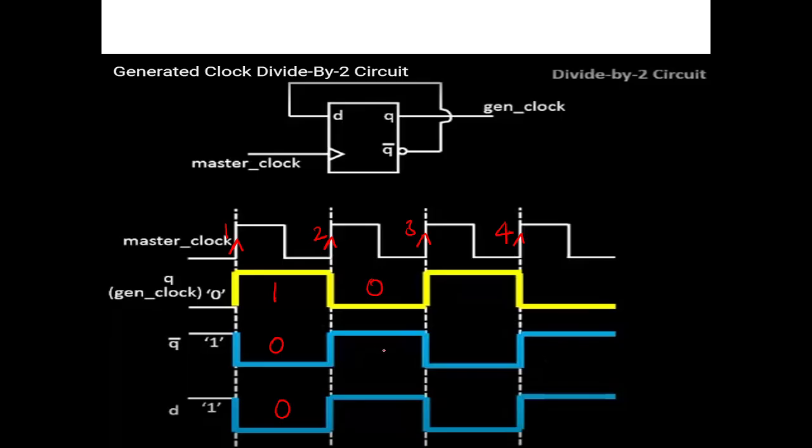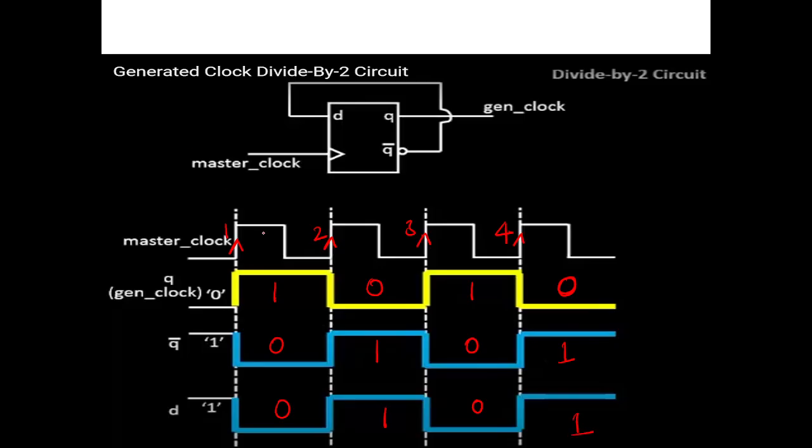Again this 0 will come here, this becomes 1, and so on. Next clock pulse: as D is 0, it comes to Q. As Q is 0, Q bar becomes 1, and D is also 1.